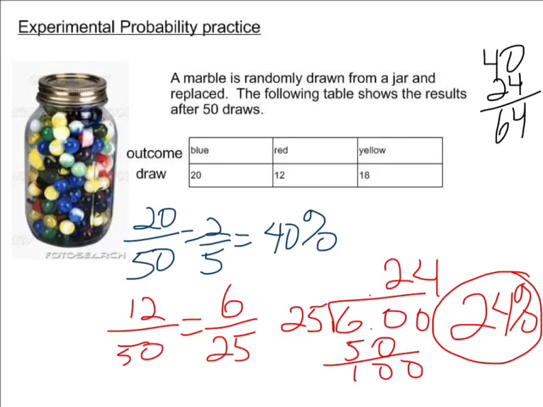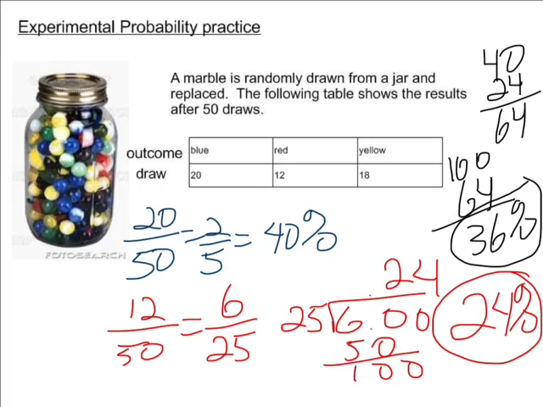Well, all three total would have to be 100%, so we could subtract 64 from 100, and you end up with 36. So 36% would be the yellow. So when you add 40%, 36%, and 24%, it all adds up to 100% based on the 50 draws of the marble.